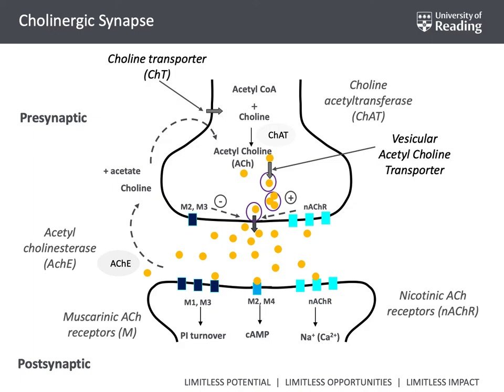So one of the problems in terms of dementia and Alzheimer's brains is the loss of acetylcholine and the loss of acetylcholine neurons. So in essence, you want to boost that signal from pre to post synapse, and the way you can do it is by targeting this acetylcholinesterase.